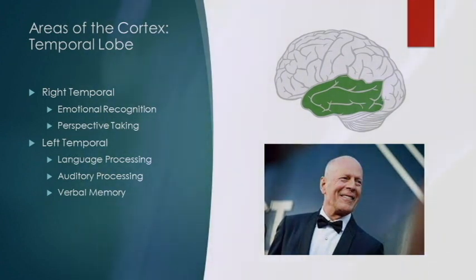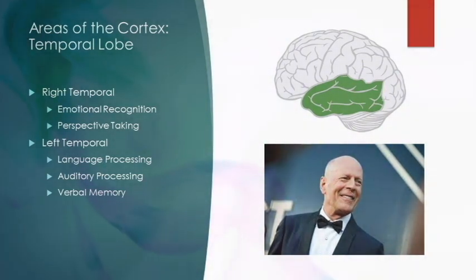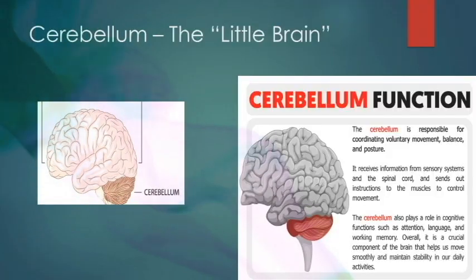Despite its relatively small size compared to the cerebral cortex, the cerebellum plays a crucial role in coordinating movement, maintaining balance, and even contributing to certain cognitive functions. So, if you understand my joke now, I made a joke where the cerebellum was a little unbalanced. Well, that's the role of the cerebellum.